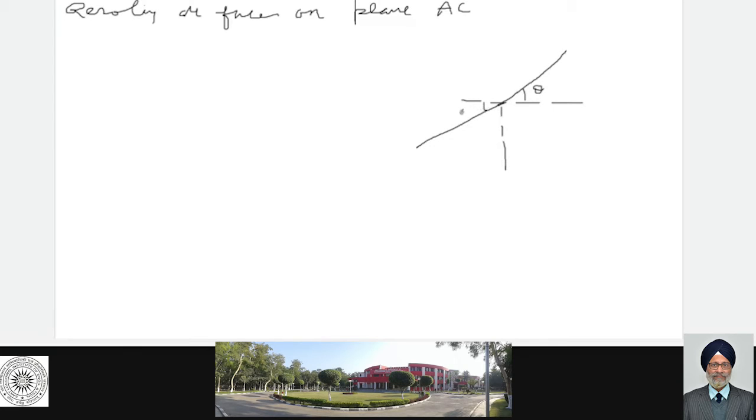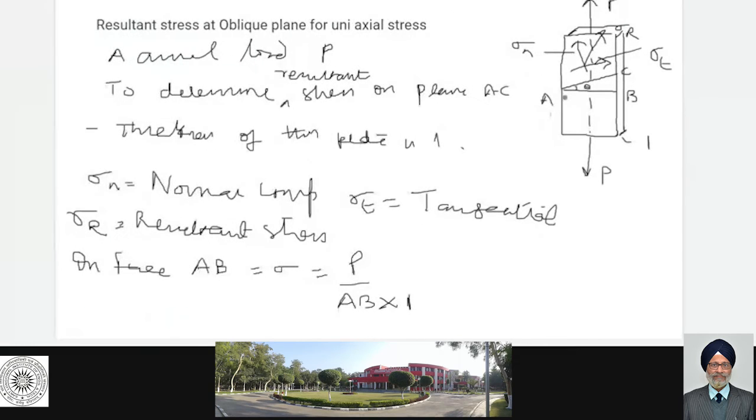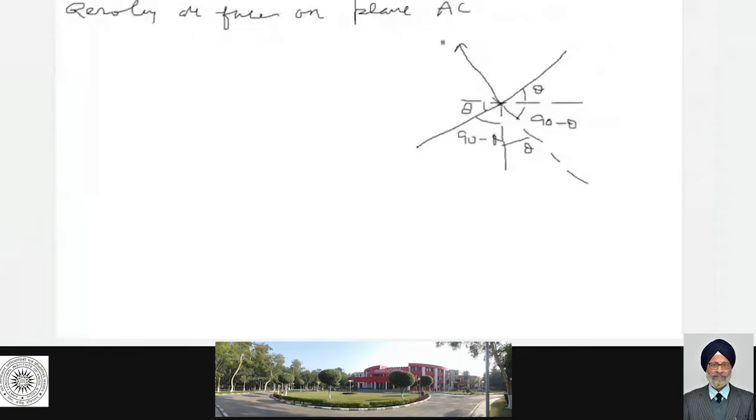So this is also theta, and this will be how much? 90 minus theta. So you draw a perpendicular to this plane AC. Again perpendicular, so this will be 90 minus theta, and this will be theta. Okay. So now if you go to the previous slide, along the AC, which force will be there?